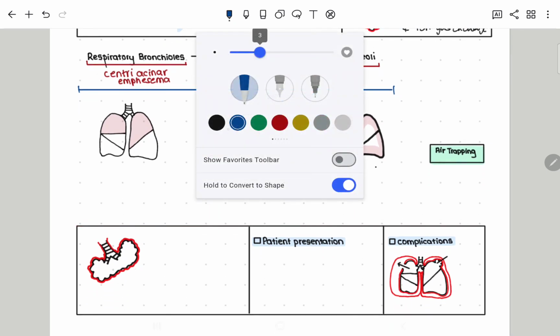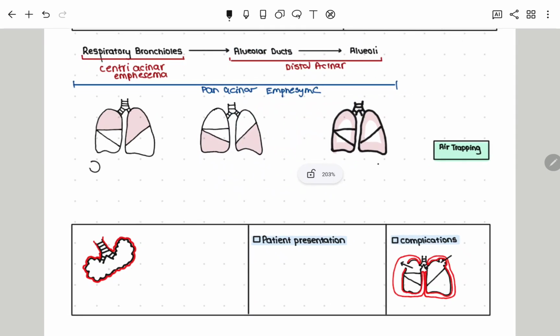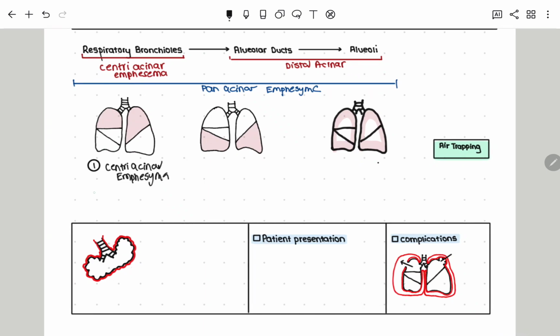And so just so these terms are cleared out for you, we've got one, centri-acinar emphysema. Centri-acinar emphysema more commonly involves the upper lobes of the lungs, meaning that it is the respiratory bronchioles that are more likely to undergo damage and lose their elastin fibers surrounding their walls.